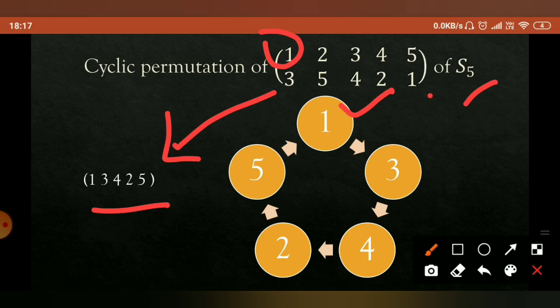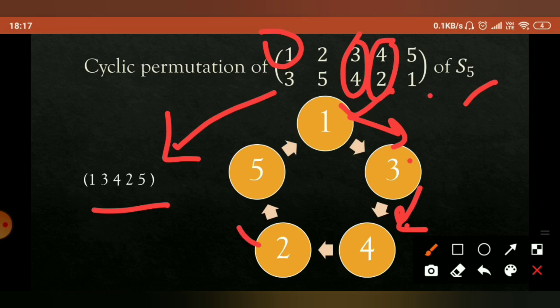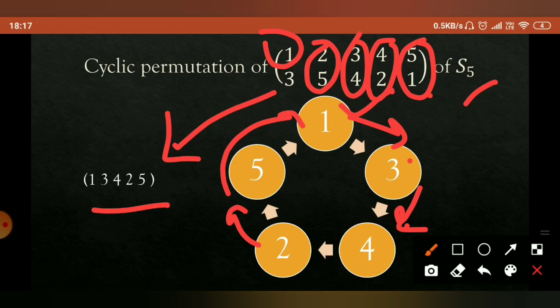What is the image of 1? It is 3. Then we write the image of 3, not of 2. So the image of 1 is 3, then the image of 3 is 4, then the image of 4 is 2, then the image of 2 is 5, then the image of 5 is 1. And we complete the cycle because we end up with 1, the element from where we started.